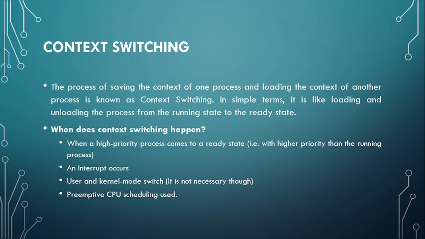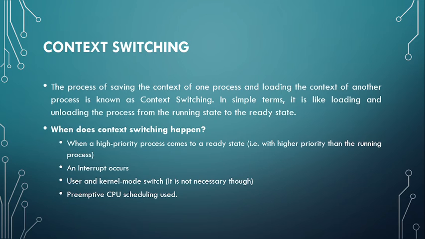When does context switching happen? When a higher priority process comes to a ready state. A process may be running and a higher priority process, like an interrupt or a system process, comes, and then we have to swap the running process to the ready state, giving the CPU to the higher priority process. Also when an interrupt occurs.